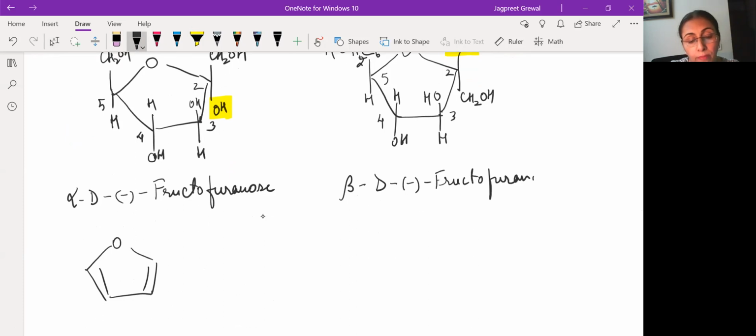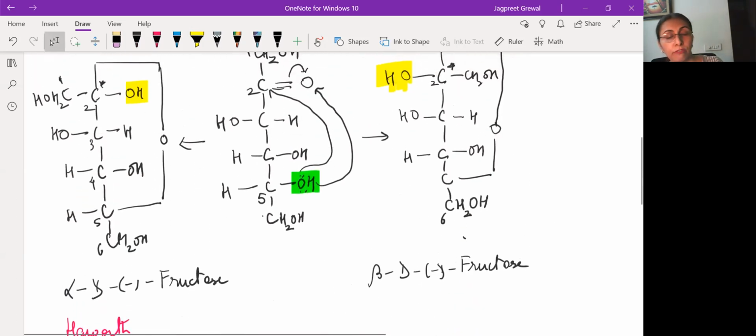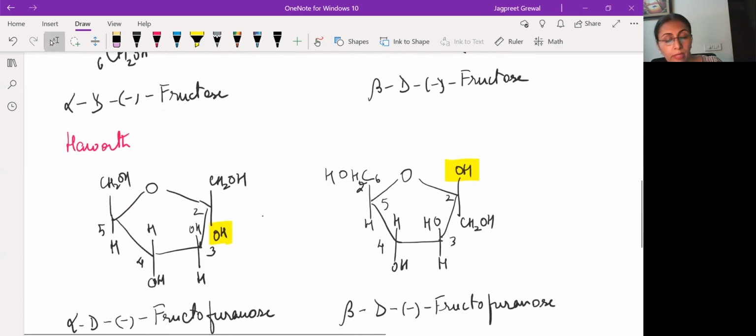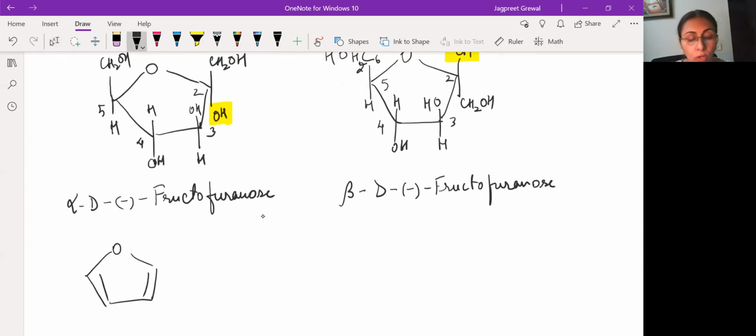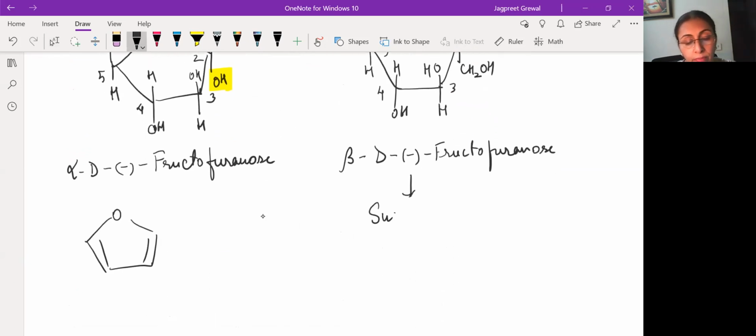So remember, alpha and beta are the new configurations that are obtained because of the formation of 2 anomers. And in fact, in your sucrose molecules, you'll find this isomer.